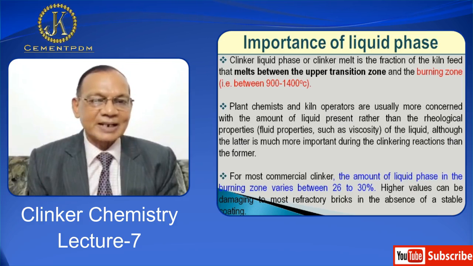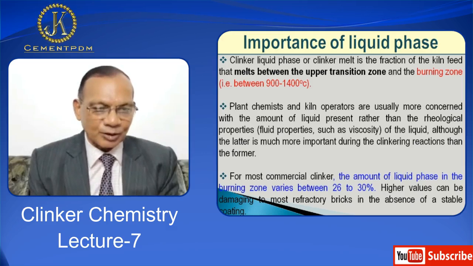Plant chemists and kiln operators are usually more concerned with the amount of liquid present rather than the rheological properties, that is fluid properties such as viscosity, although the latter is much more important during the clinkering reaction than the former.